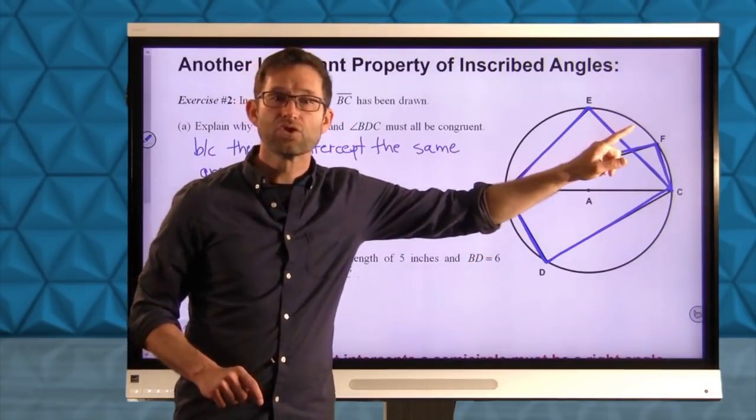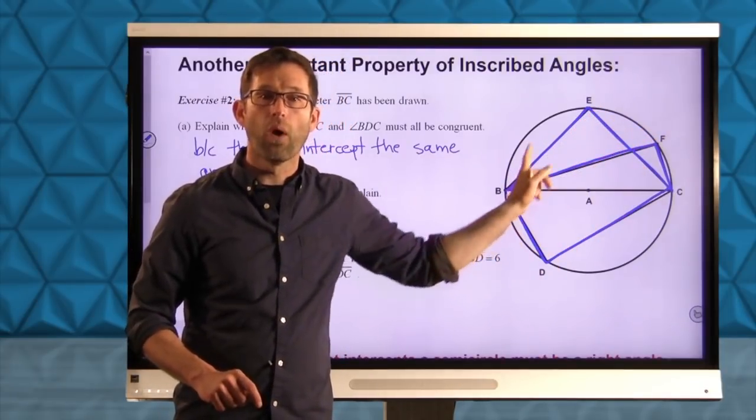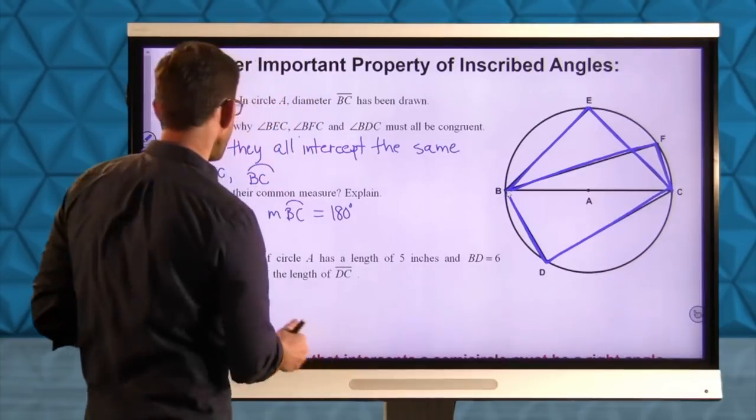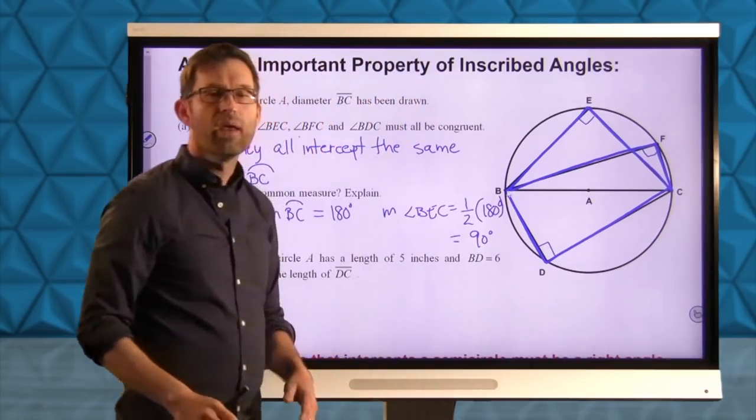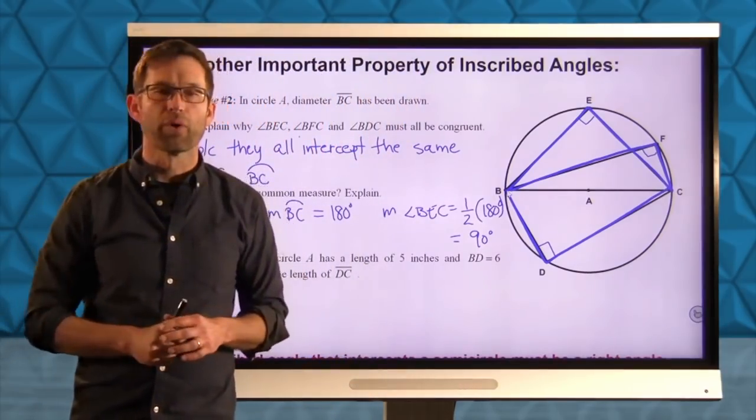Whether we're going this way or this way doesn't matter. And because the inscribed angles are always 1/2 of the intercepted arc, right? All those angles, like the measure of angle BEC, must be 1/2 of 180, so 90 degrees. And this is really cool. That's a 90-degree angle. That's a 90-degree angle. That's a 90-degree angle. And so what exactly is this property?